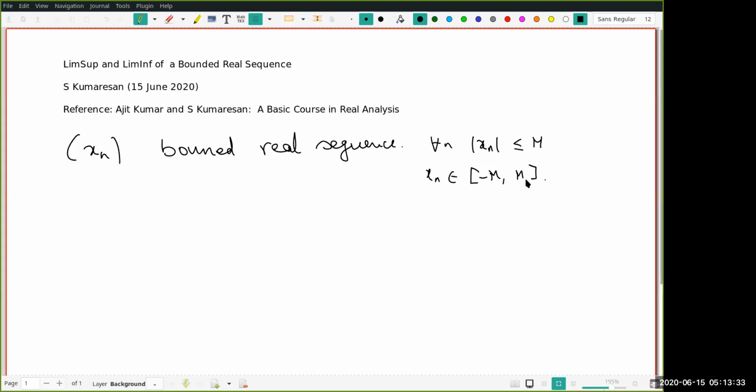Now, given such a bounded sequence, we want to construct two monotone sequences. Let us look at how to do that. Let us look at Tn.